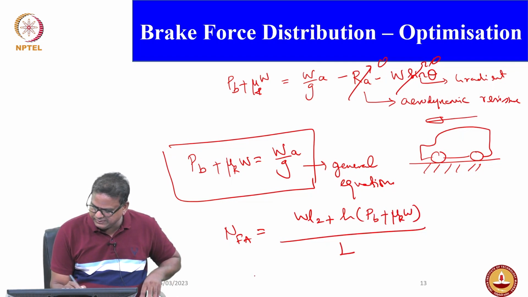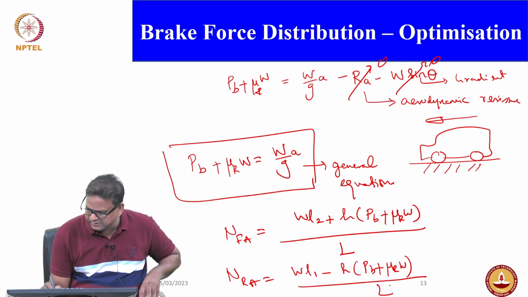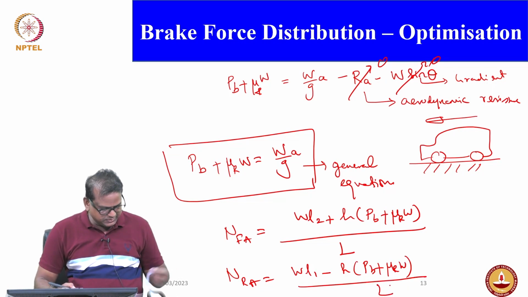Similarly, your NRA, I will write here itself, minus H (PB + mu r W) by L. We know that, yeah. So these things we know.